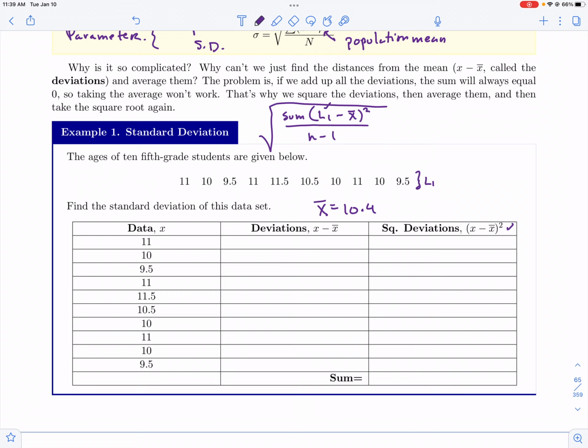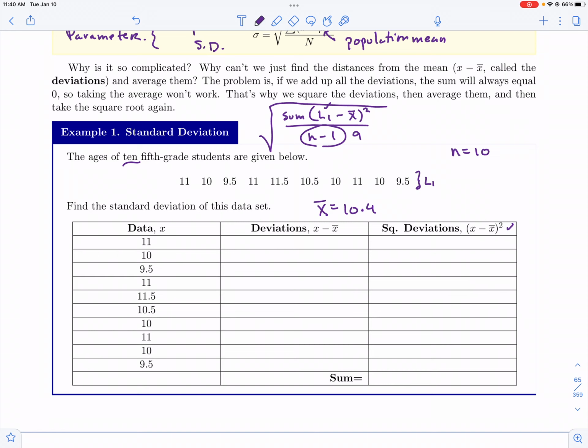I have all this stuff in list 1 already. I notice there are 10 fifth graders, so my n is 10. When I'm looking at the bottom, I can think of this as basically 9 in this case.